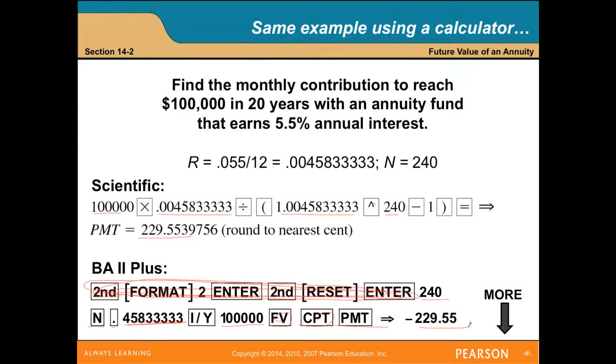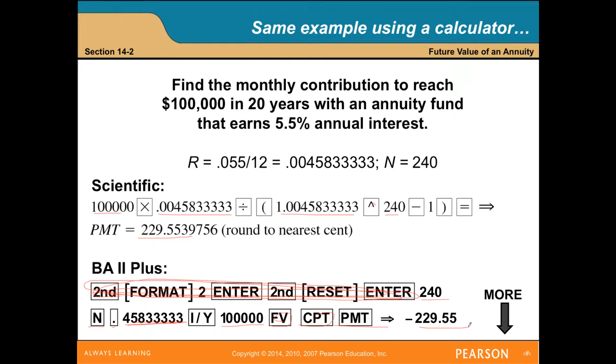And now I actually want to try this on my calculator. All right, let's see. So we have 240, which is N, 0.45833333, I/Y, which is the rate, 100,000, which is the future value, and then compute the payment.